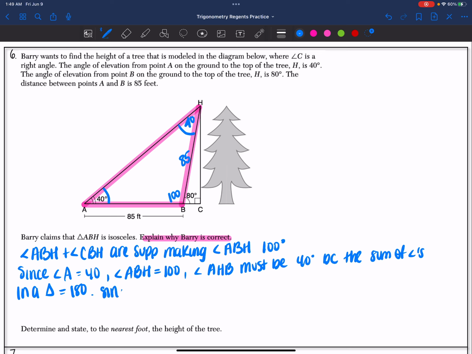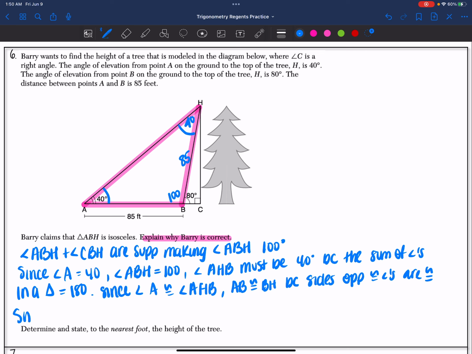And then since angle A is congruent to angle AHB, line segment AB must be congruent to line segment BH because sides opposite congruent angles are congruent.